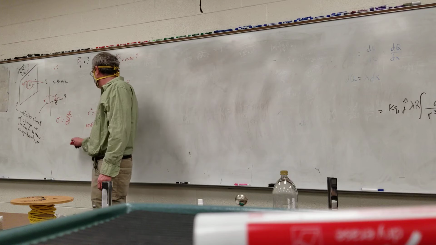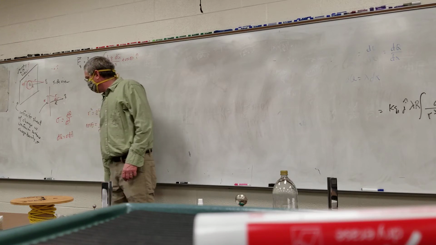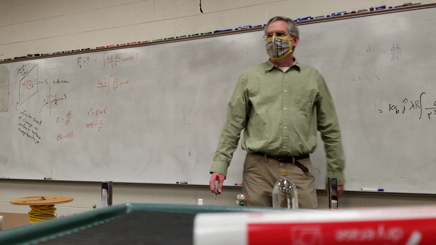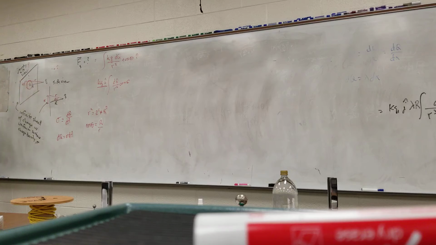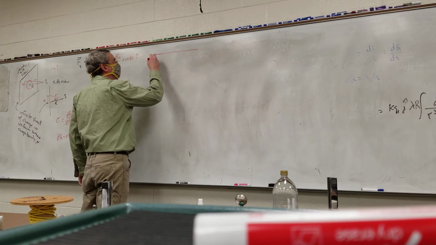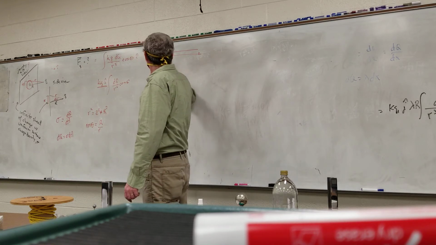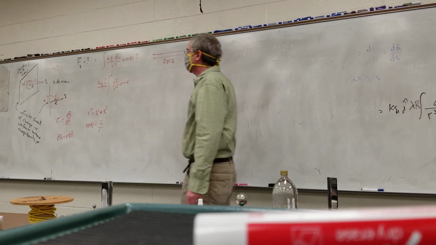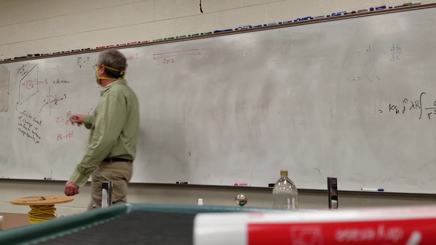So dq is equal to sigma dA. dA is the area of this ring right here. So imagine I take this ring, I cut it open, and I stretch it out. I basically have a really skinny rectangle. The length of this rectangle is just the circumference of that ring, 2 pi z, because z is the radius of the circle.